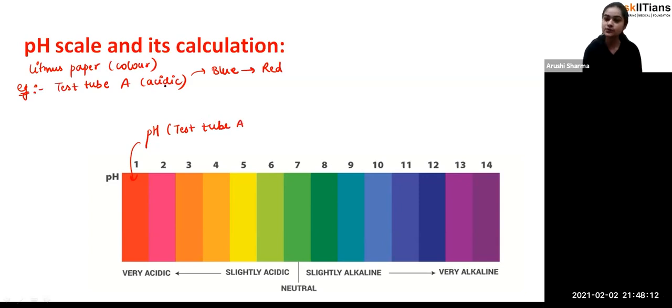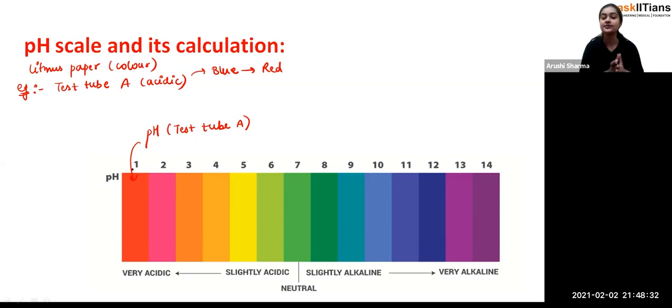First of all, you don't know that it is acidic, but when you have done the litmus paper test, you come to know that this is acidic in nature, and its color is matching with this one. So that means the acid present in test tube A has a pH of 1, because you're comparing it with the pH scale.